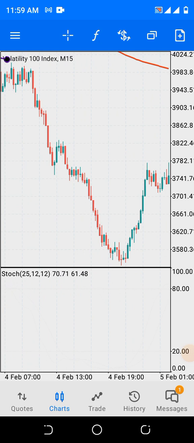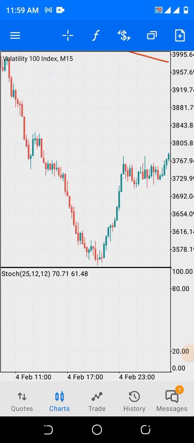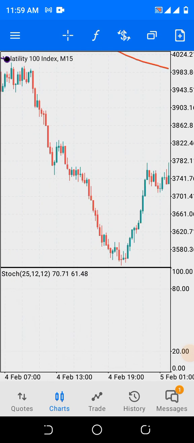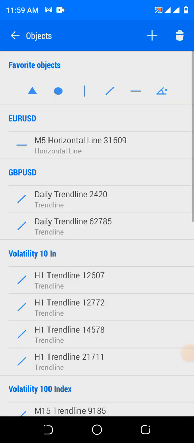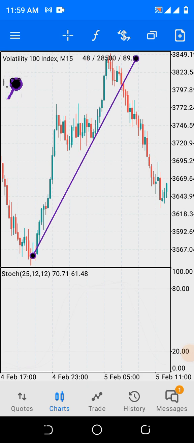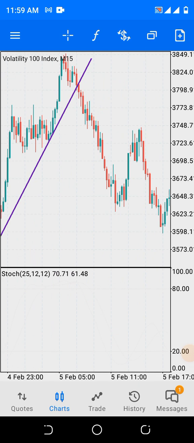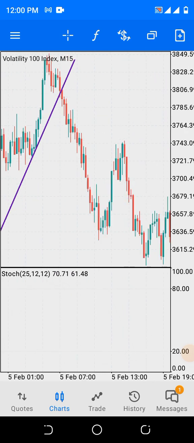You can still use a trend line in this manner, provided the market is still trending up. When you see the market moving up, you use a trend line like this. Now, you are not buying, but you are focusing on sell.